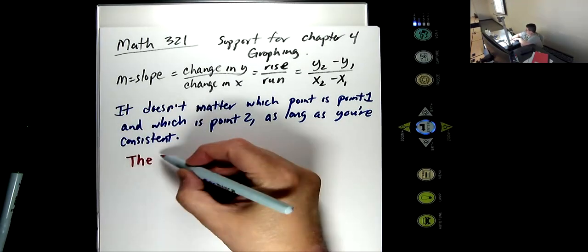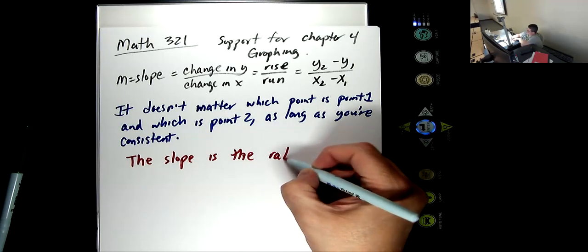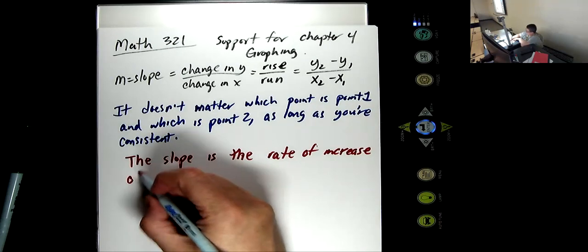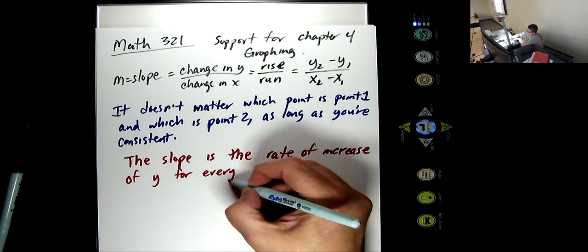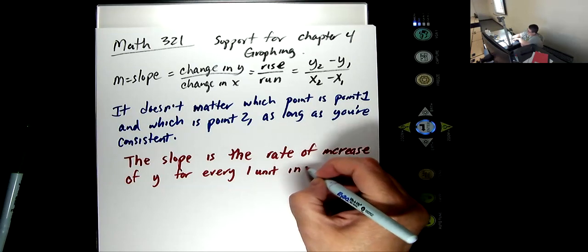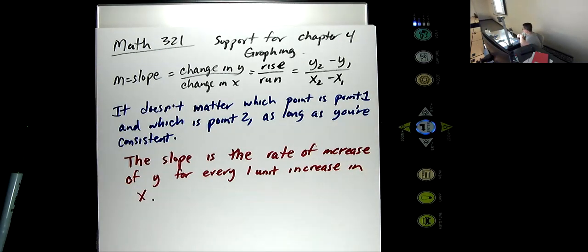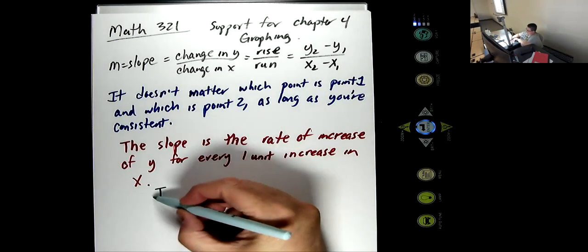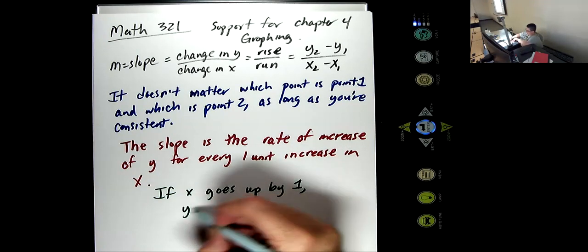The slope is the rate of increase of y for every 1 unit increase in x. So if x goes up by 1, y goes up by m.